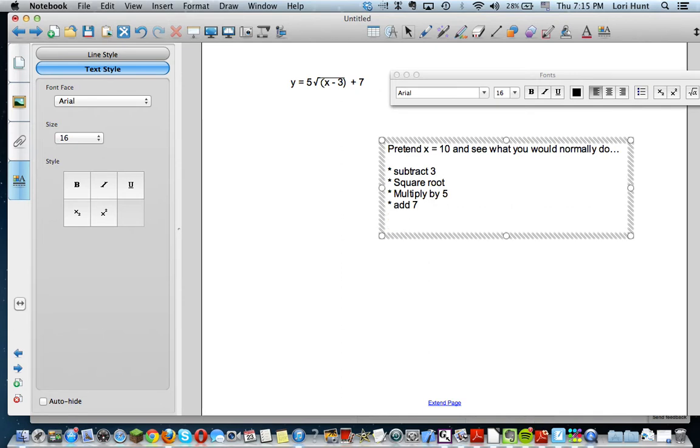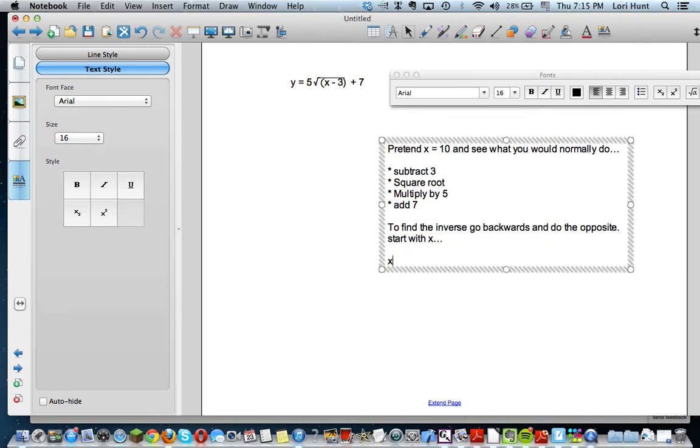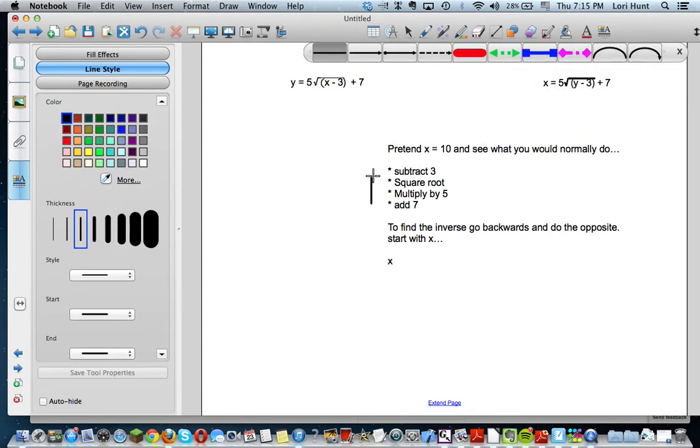So list that out, what you would normally do, exactly the order that you would do it in. Then what you're going to do to find the inverse is you're going to go exactly the opposite. So you're going to go backwards and do the opposite. So start with x. Now I'm going to go backwards, and I'm going to do the opposite.